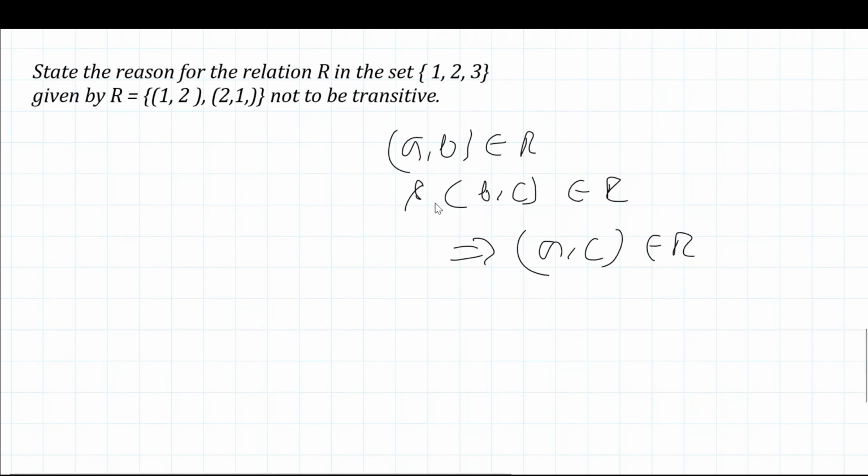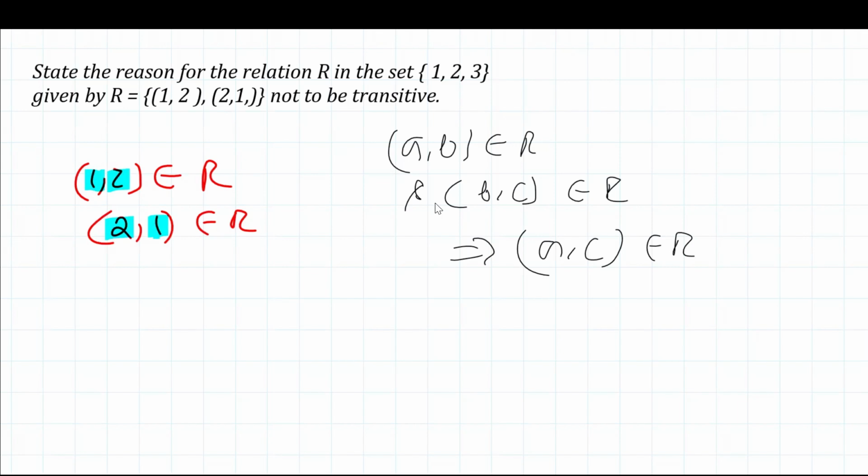Now what you can see over here, (1, 2) belongs to R, and I'm considering now (2, 1) as (b, c), which belongs to R. Then (a, c) will be what? These two will be (a, c). One more time, (a, b) belongs to R, taking this as a, this as b, and this time taking a as c.